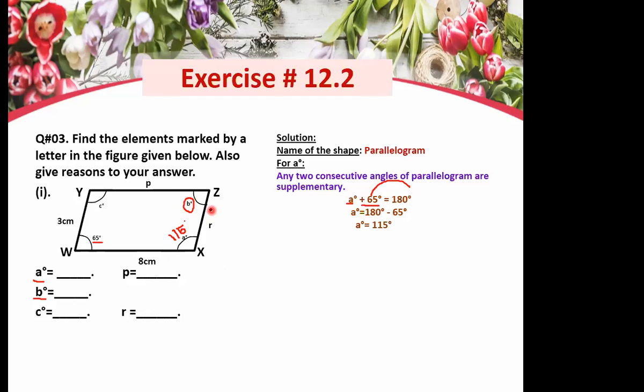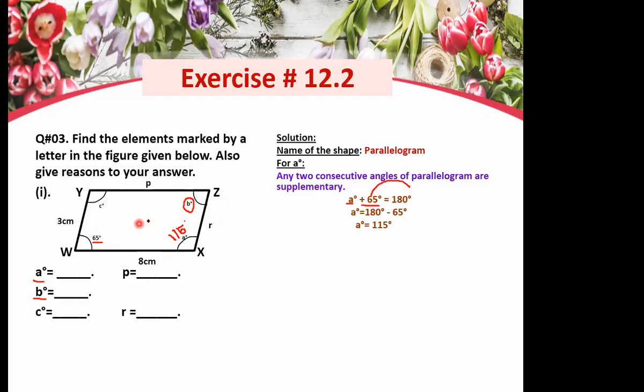So what you will do, you can apply this postulate as well, that any two consecutive angles, meaning this one and this one, are supplementary. But if you remember, another property of a parallelogram says that opposite angles of a parallelogram are congruent. Remember, opposite angles, so the opposite angle of b will be this 65.